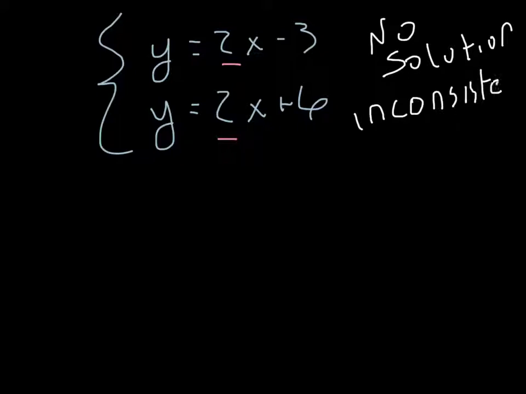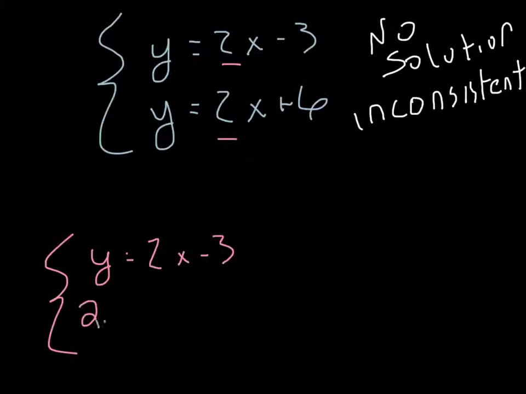And then, of course, I do have this situation where I give you two equations that actually represent the same line. So it doesn't take much thinking to realize that that second equation is just double the first. If I were to get y by itself by dividing that second equation by 2, I would end up with the first equation.